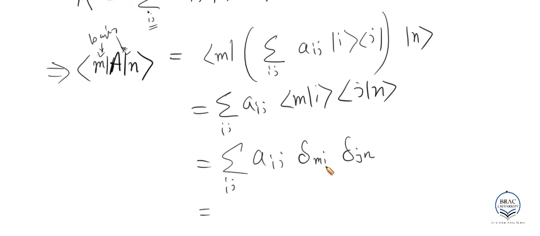You sum over these i's and j's, and the remaining indices are m and n: you put m instead of i and n instead of j, so this will be just A_mn. So these are the advantages that you get from the associative axiom that make life a lot easier. That is, if you want to know the element in the mth row and the nth column, this is how you go on.